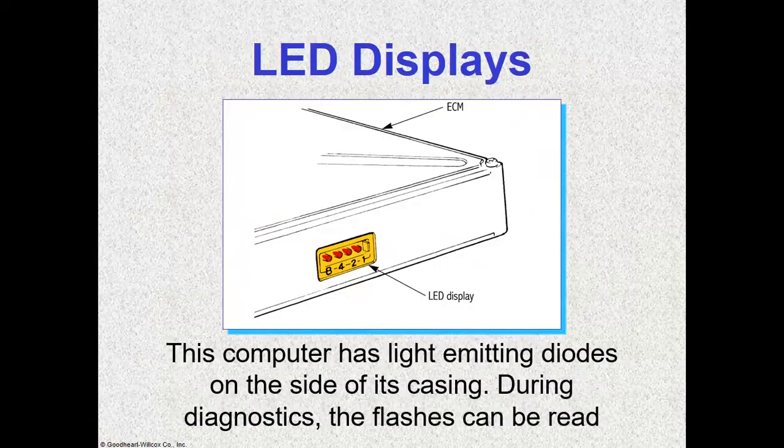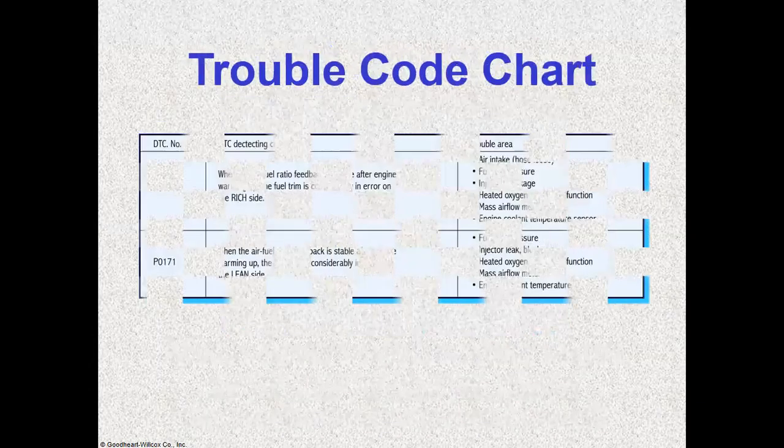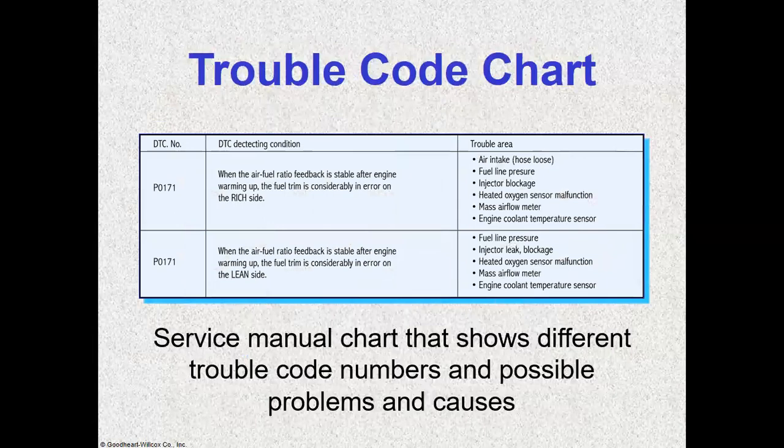So LED display. This computer has a light emitting diode on the side of its casing. During diagnostics, the flashes can be read. All right. So trouble code chart. P0171, when the air fuel ratio, and as we say, code 1 represents air and fuel.